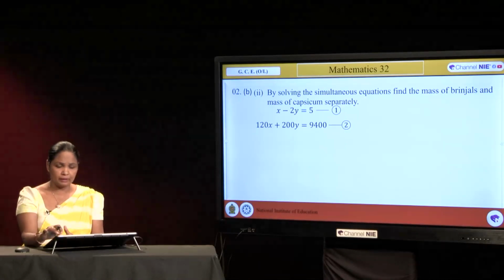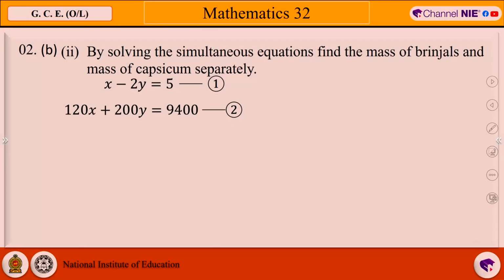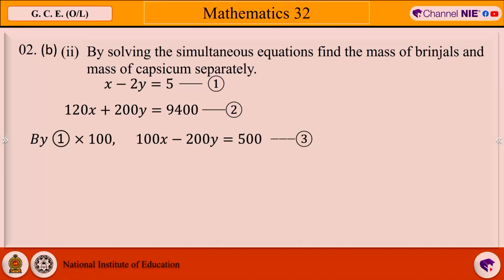First, we have to make the coefficient of one unknown equal. Then we can eliminate that to find the other unknown. Likewise, we can solve this for x and y. Once we multiply the first equation by 100, we get 100x minus 200y equals 500, and we can name it as the third equation.